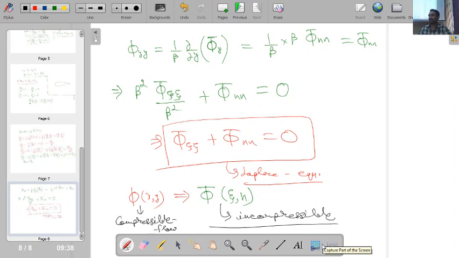Is this point clear? So that is what I am trying to say over here. For the same flow over an aerofoil, we are talking about subsonic flow over an aerofoil. When we are in the xy plane, our main governing equation for the velocity potential function has involvement of compressibility.